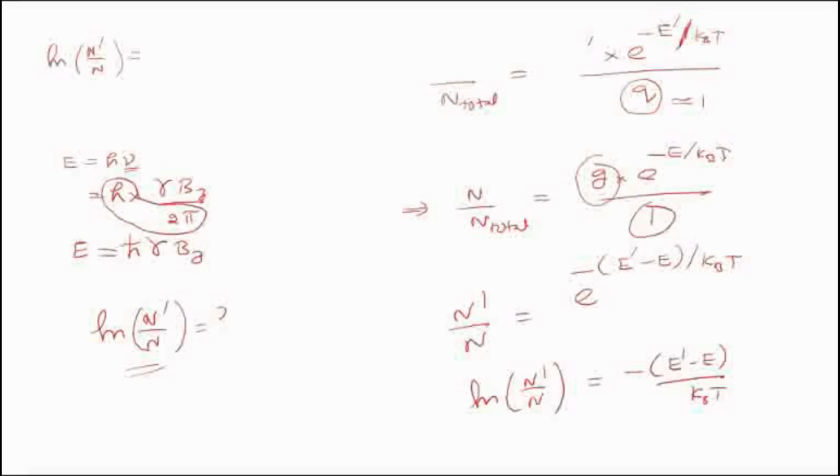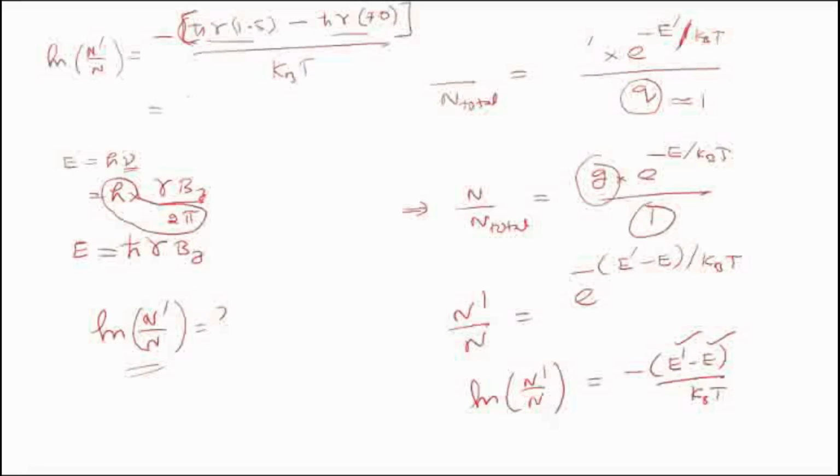Now if I substitute this E value in the place of E prime and E, what will we get? Equal to minus h cross gamma 1.5 Tesla minus h cross gamma 7.0 Tesla. This is for E prime and this is for E, divided by kBT, right?